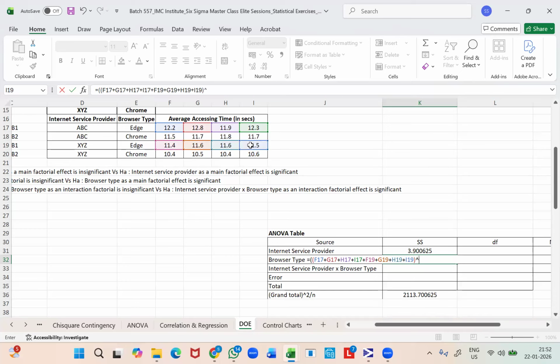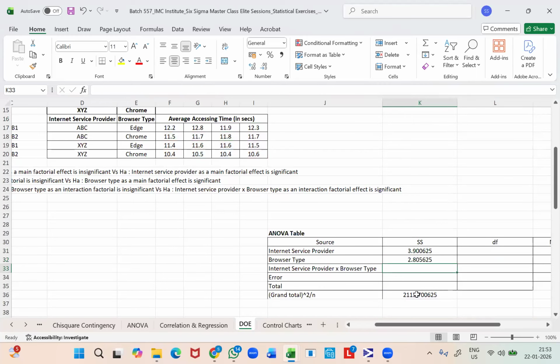The whole square divided by 8 plus the second and the fourth row. Whole square divided by 8. So the entire thing should be subtracted from the grand total square by n value.